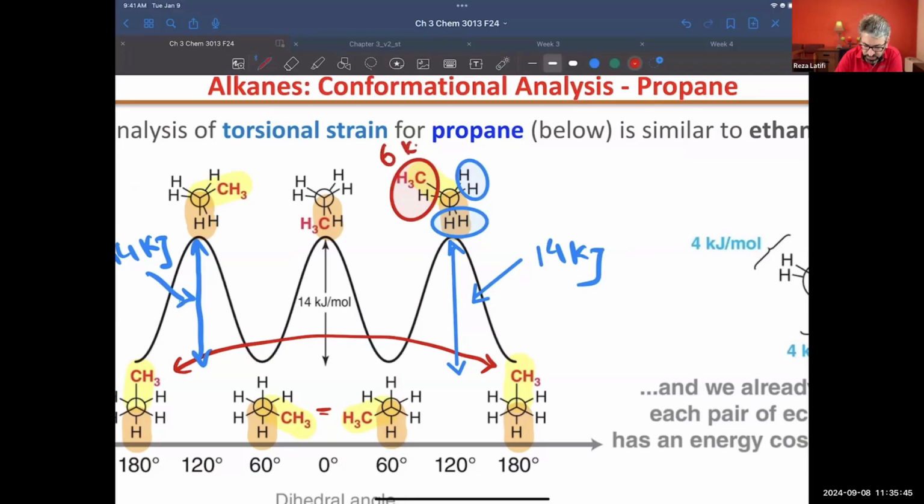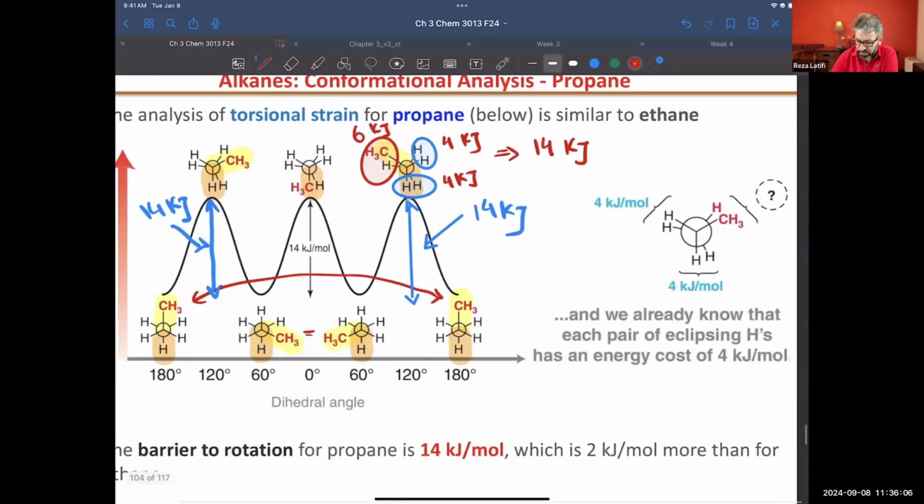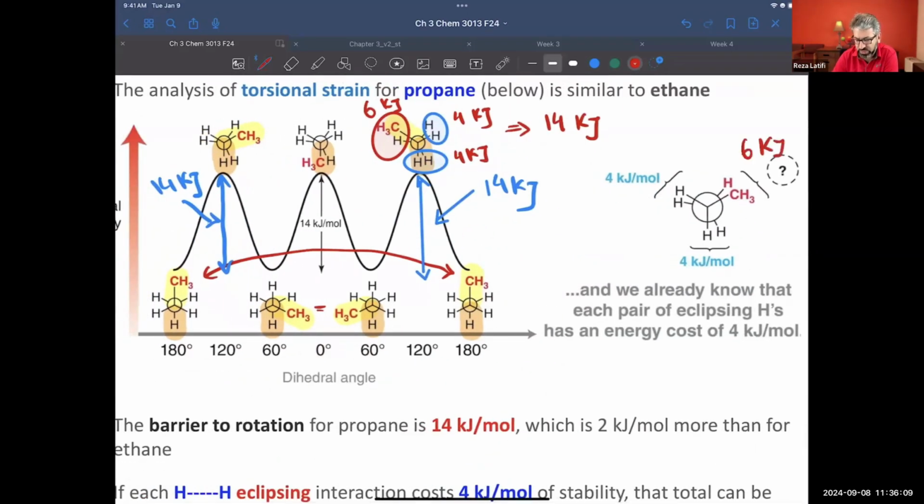If I add these numbers, 8 plus 6, it will be 14 kilojoule. And this is the reason the barrier for rotation over the carbon-carbon single bond in propane is around 14 kilojoule. Again, this one is going to cost you 6 kilojoule.